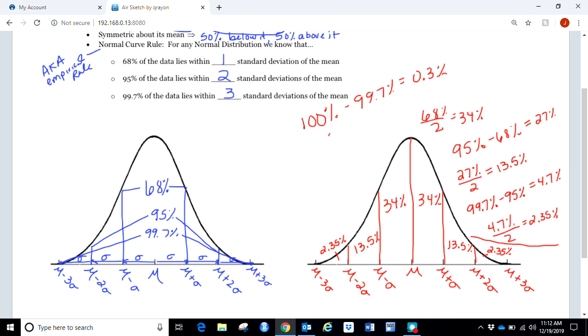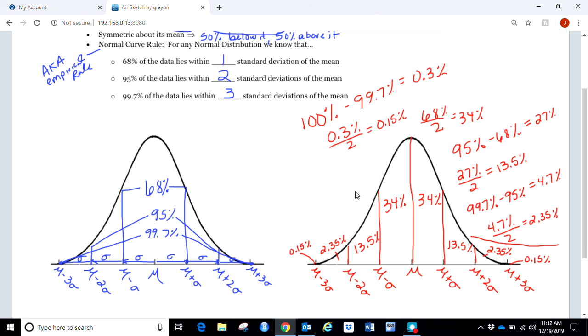So I'm going to take that same idea and divide this by our 2, since I have 2 spots to put it in, which gives me less than 1%, 0.15% is going to show up on either side of being more than 3 standard deviations away.